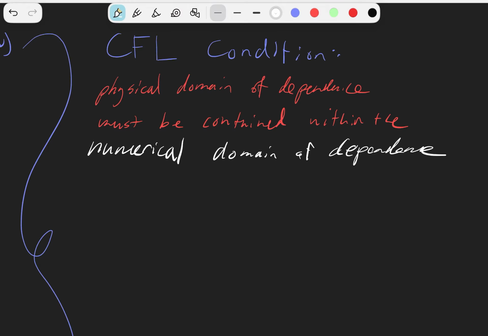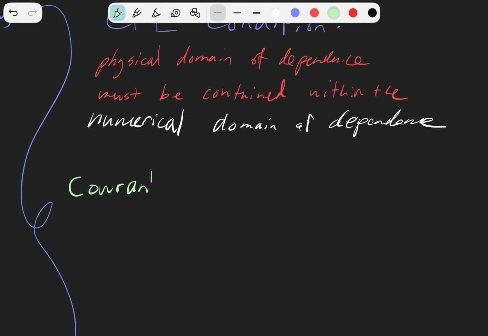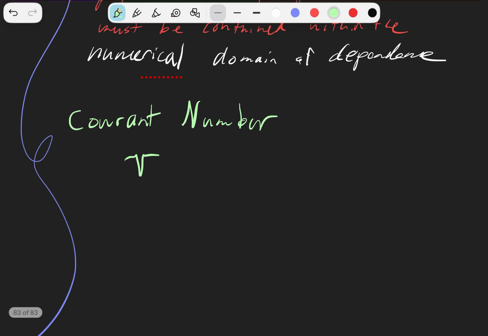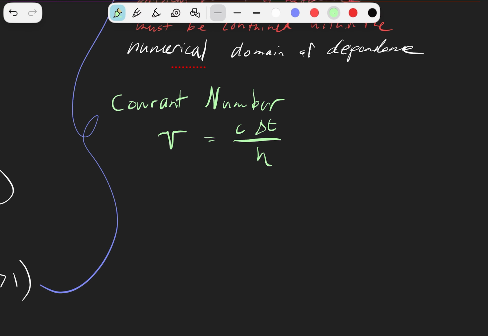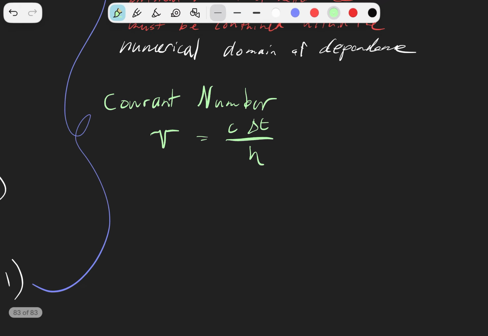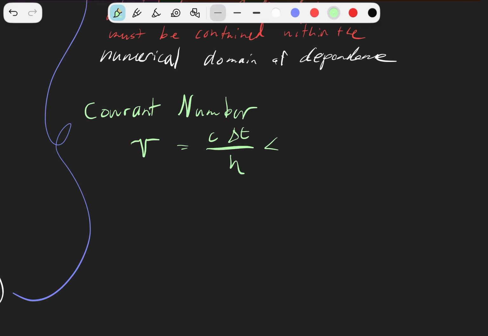Okay, sorry for my horrible handwriting, but that's something you have to deal with. So what we can have is that the Courant number nu is equal to the ratio of our time discretization over space discretization multiplied by c, the speed of light, must be less than or equal to 1, which implies that our time discretization really needs to be less than or equal to h over c.